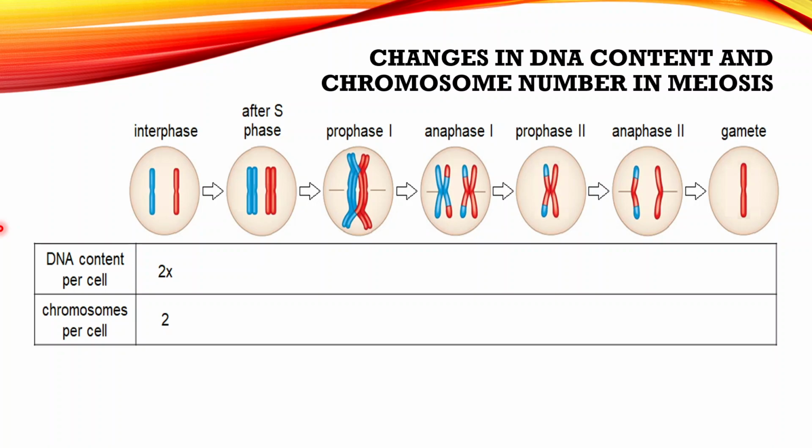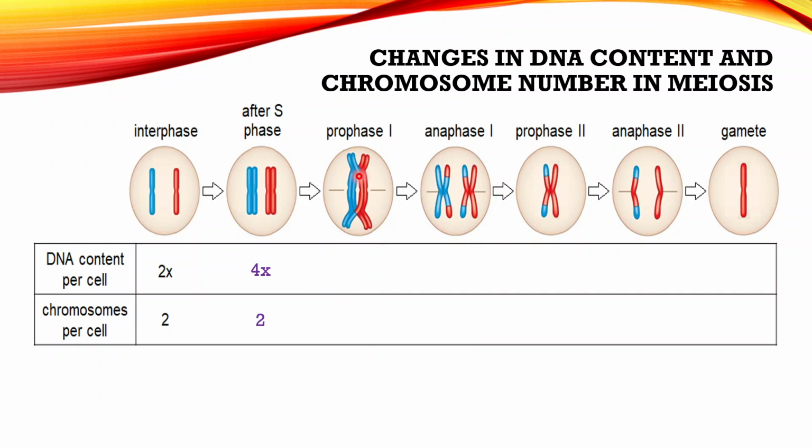Okay, so the original cell is given that the DNA content is 2x, and you can see there are 2 chromosomes in this cell. Then after S phase, after DNA replication, there will be double the amount of DNA, but the number of chromosomes is still 2x. As we mentioned at the start of this video, the 2 sister chromatids are joined together at the centromere, so counted as 1 chromosome, so 1, 2.